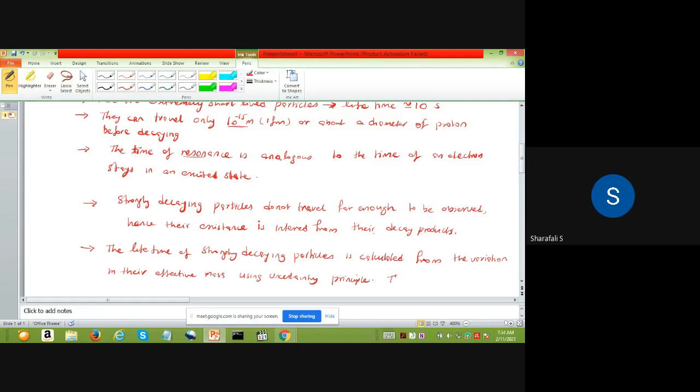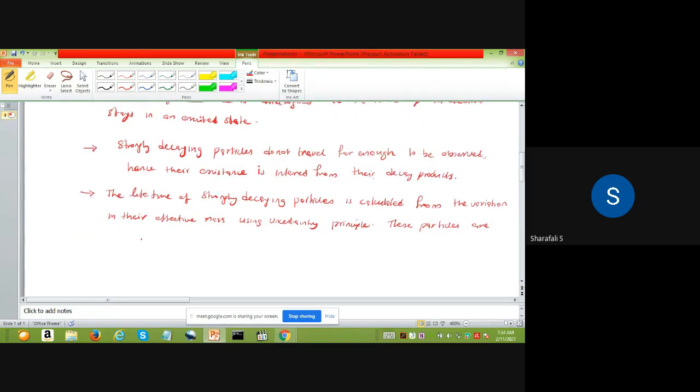And these particles are often called resonances.